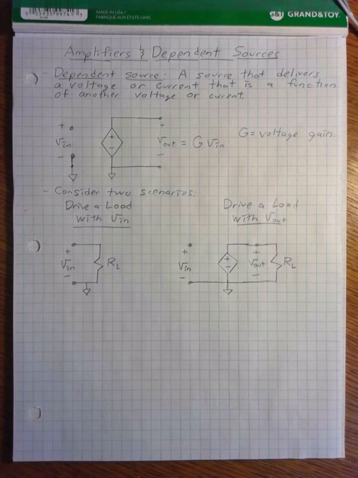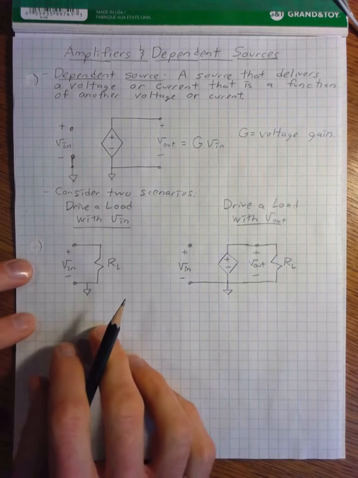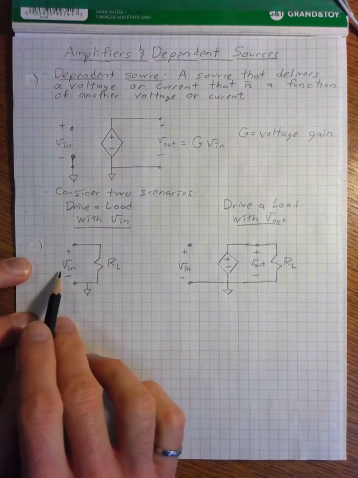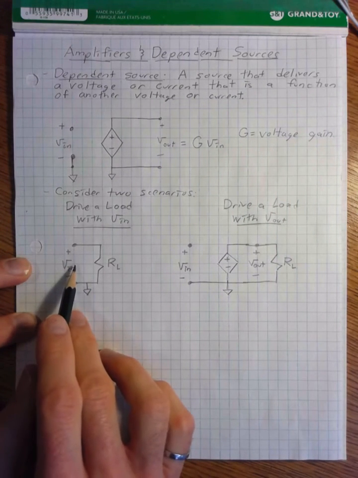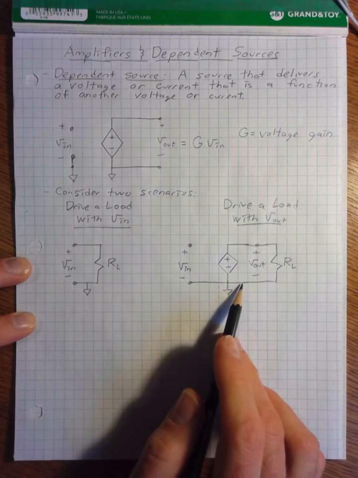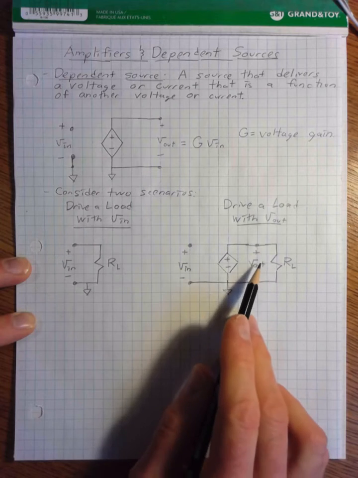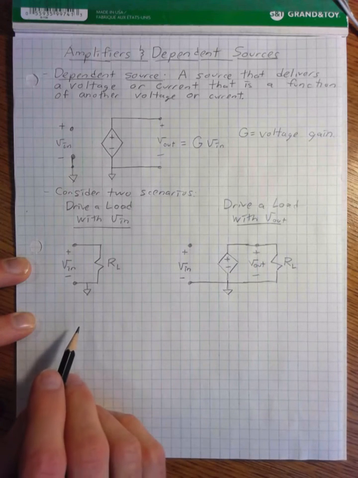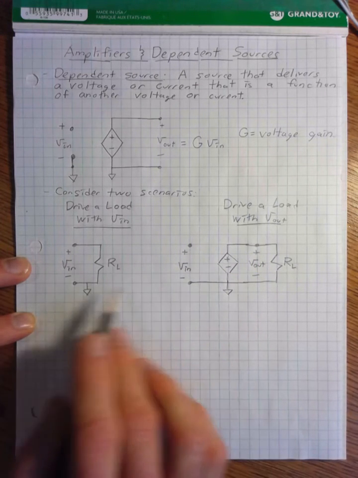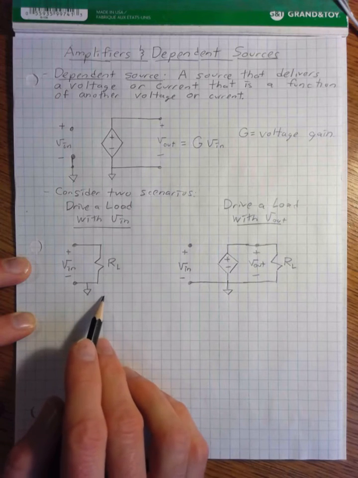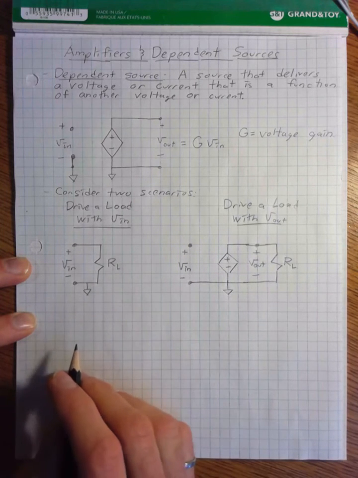Okay, so now let's consider 2 scenarios. In the first scenario, I'm driving a load resistor just with the input voltage. In the second scenario, I'm driving that exact same load resistor with the output voltage of our dependent source. This is the no amplification scenario and then the amplification scenario.